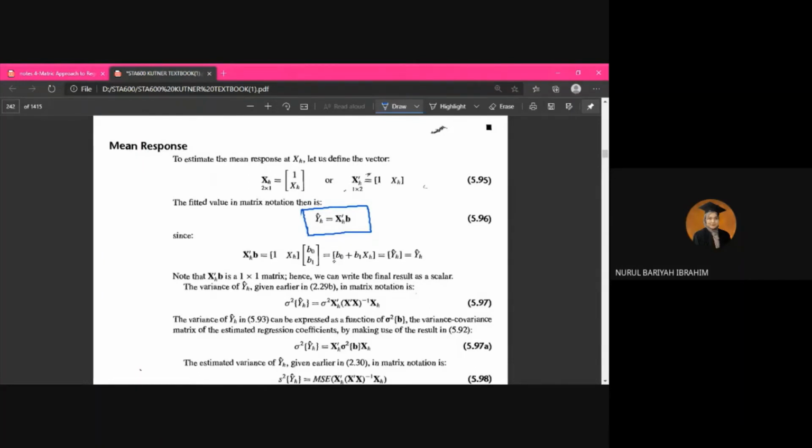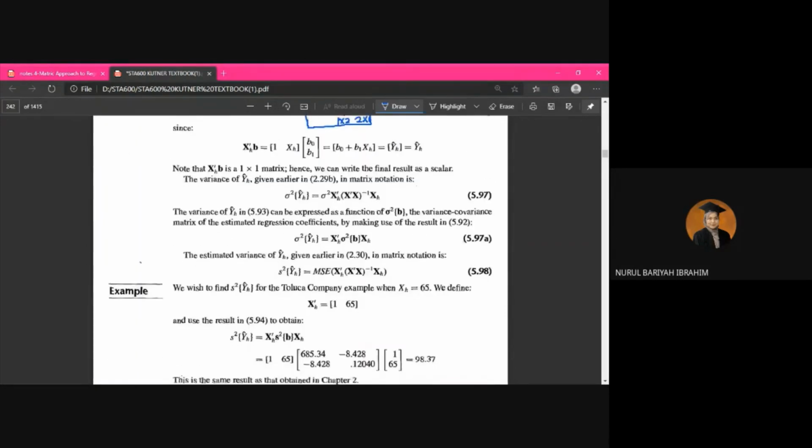If we use matrix notation, this is the formula, where X transpose H is this value, which is 1 by 2. Actually this is the matrix of XH, 2 by 1. When you transpose, it becomes 1 by 2. So this 1 by 2 multiplied by the matrix of beta, which is 2 by 1, you will get one value of Y hat, which is used to calculate the confidence interval for the mean response.